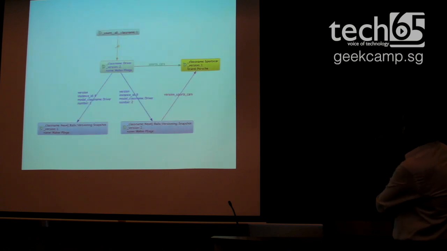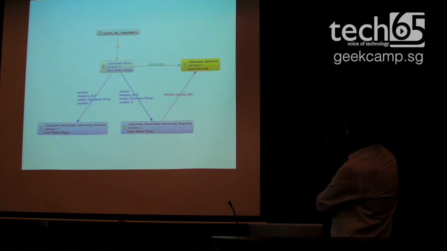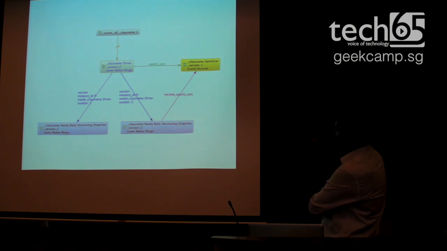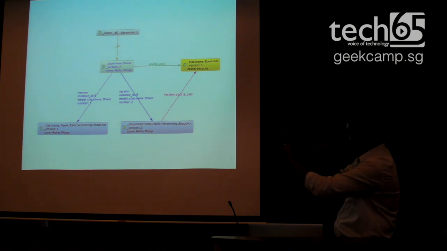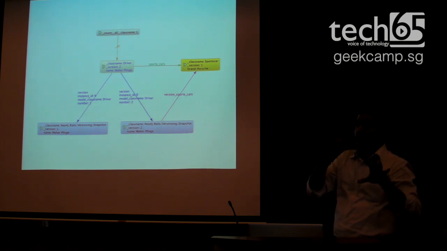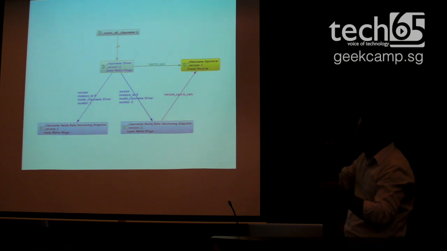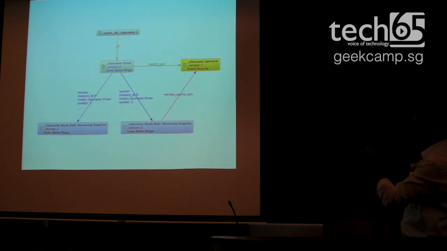The next thing that we do is that in version 2 we have said that the driver now drives a Porsche. When we capture this information in the database, by the way, what we are looking at here is the internals of how versioning support works with Neo4j.rb. This is something that I actually helped build.